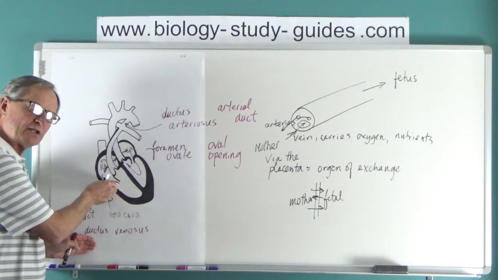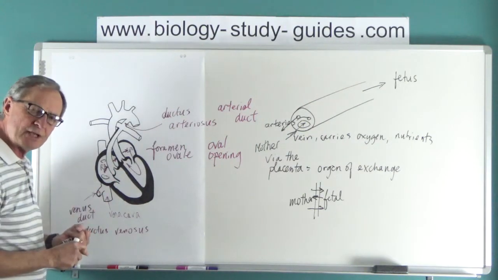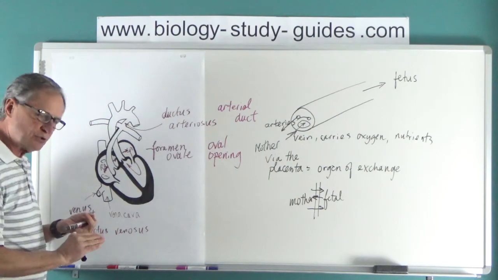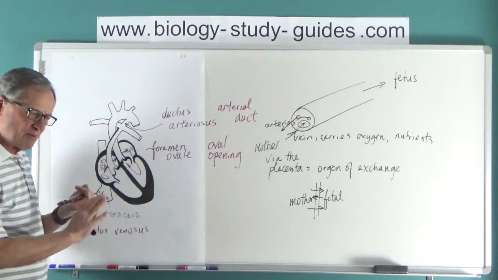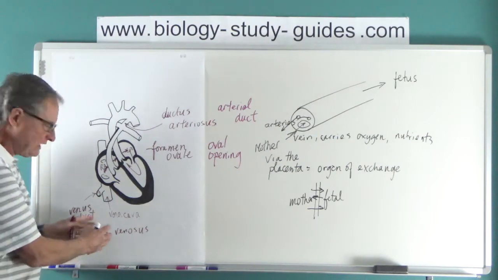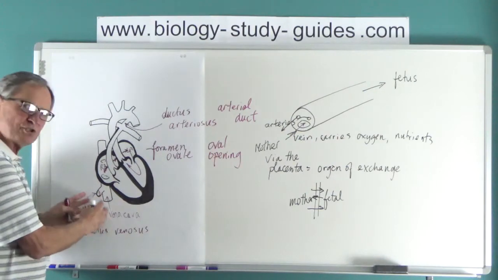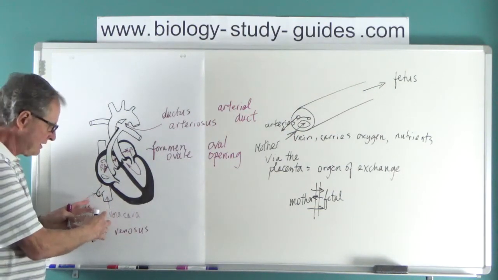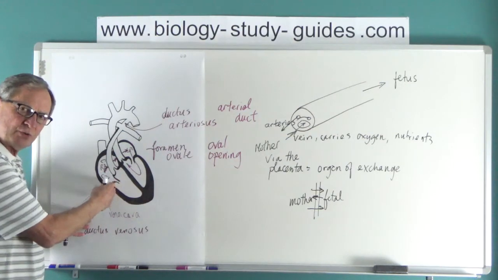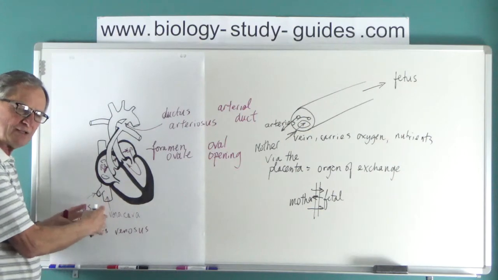If you think back to the functions of the liver, it destroys red blood cells, stores glucose as glycogen, makes bile, and all that kind of stuff. All those functions are not required in this duct. The baby needs the nutrients right away. It needs the oxygen. It doesn't need to have all those functions take place.